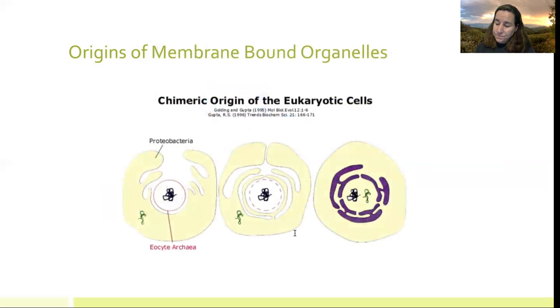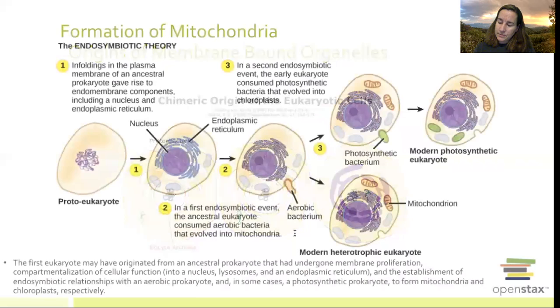Another thing, we talked about those membrane-bound organelles. Our nucleus holds all of our DNA inside of it. So we are eukaryotes, where the prokaryotes don't have that membrane-bound organelle. Our archaea and bacteria, they don't. They have a nucleoid. So here's our primitive archaea inside, trapped, and eventually we kept it as eukaryotes.